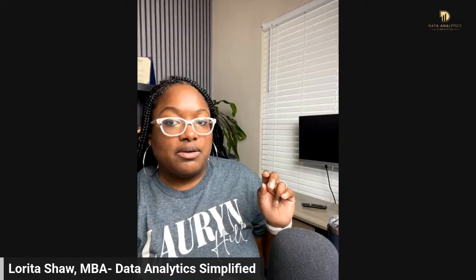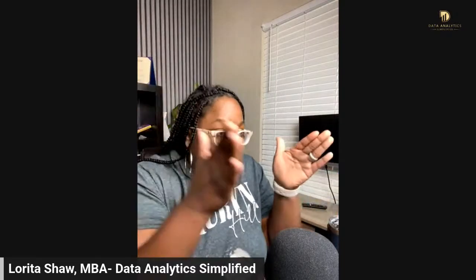If I have select customer, count order ID as total orders, and I want to bring in my amount as well, in my group by I would have to group by customer, comma, amount. Anything that is not within your aggregate function, I have to group it. Why? Because I'm telling you to calculate this, but I need you to group it by this. So anything I'm pulling in, I have to tell it how to calculate it and how to group it.